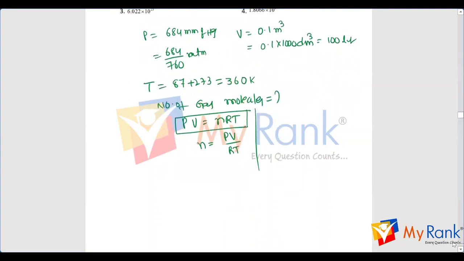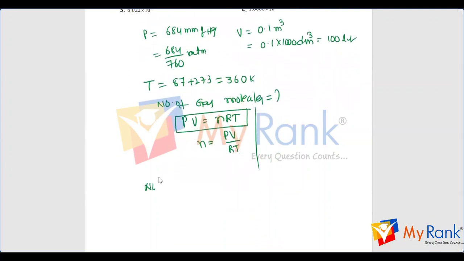Next, we need the number of molecules, not moles. N is the number of moles, and the number of molecules is equal to n into Avogadro number. Therefore, PV by RT into Avogadro number.